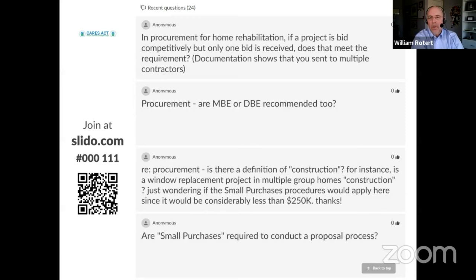That last category of procurement that we talked about, the non-competitive thing, has a specific provision in it that says you went through a normal procurement competitive process and you only got one response. Can you award the bid to that? Yes, you can. But you have to show that you went through a normal, responsible, competitive process. And the key here is the documentation shows you sent it to multiple contractors. That's good. Okay, another procurement question.